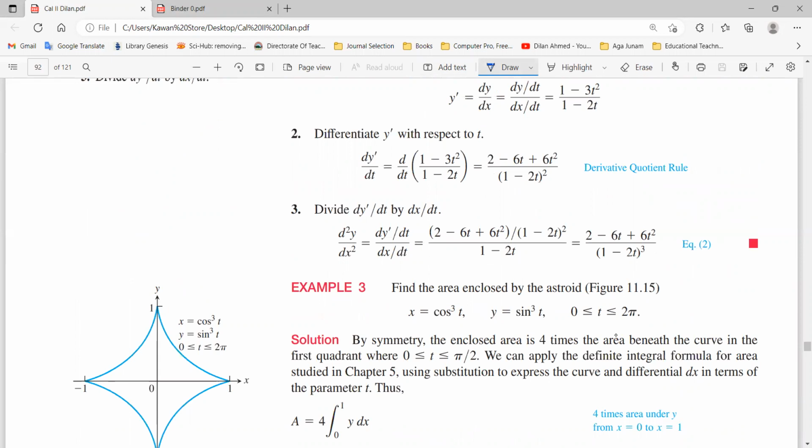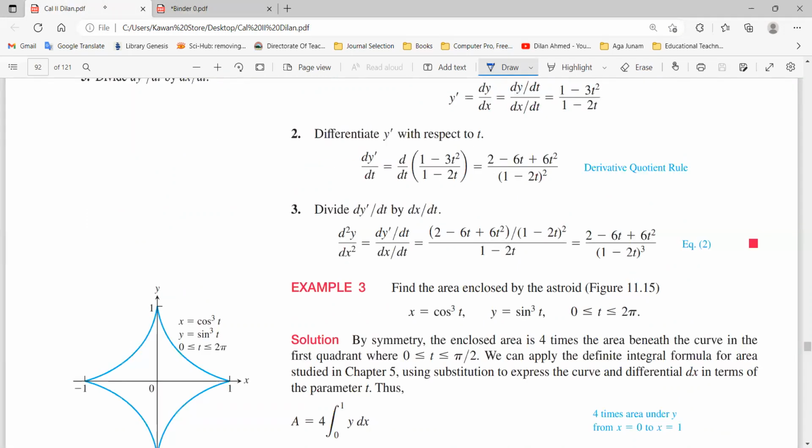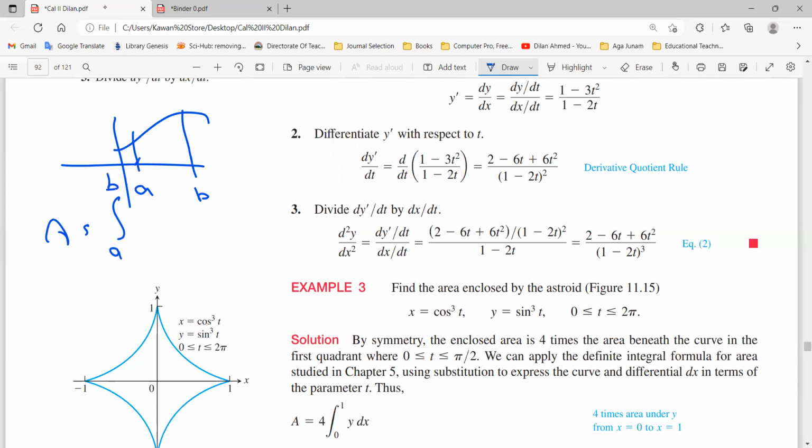For example, if I have such a curve and I want to find the area from A to B, I say area is equal to the integral from A to B of f of x dx. That's all that we have, okay?